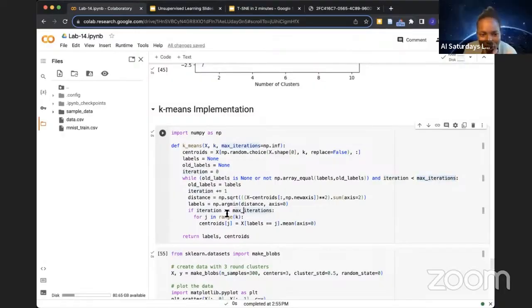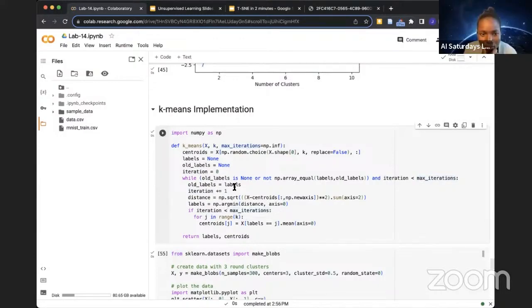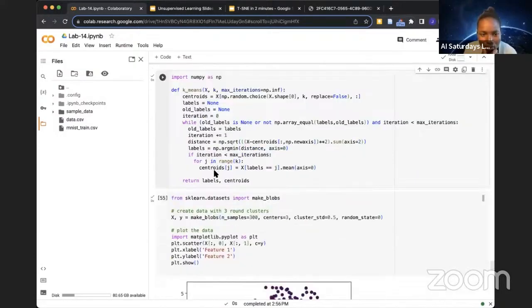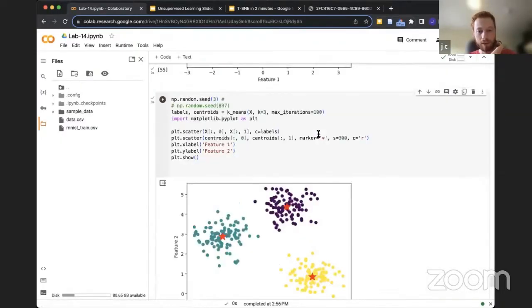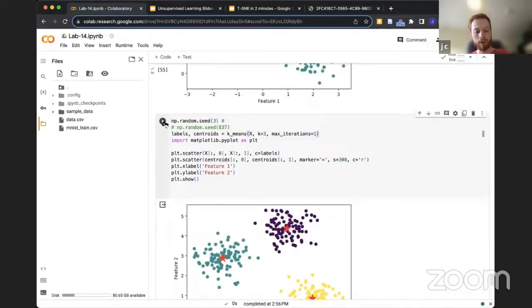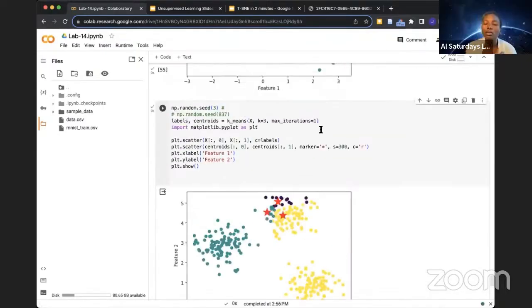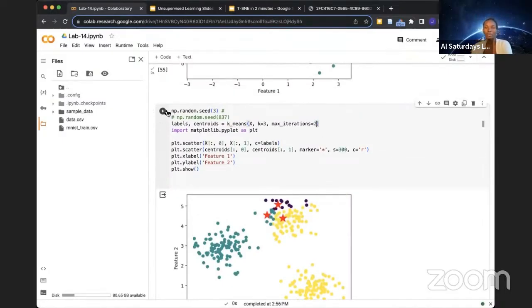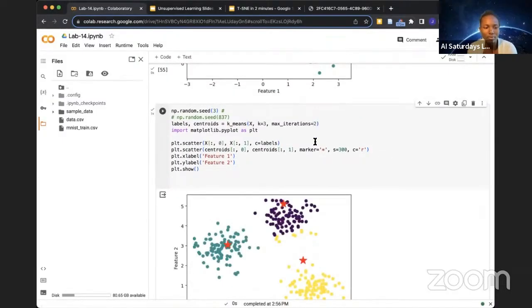Oh, yes, we want to count only when it is smaller. I changed it from correct to wrong earlier. So start with 1 iteration. Yeah, we start here. Also fixed. And this is after 1. Okay.